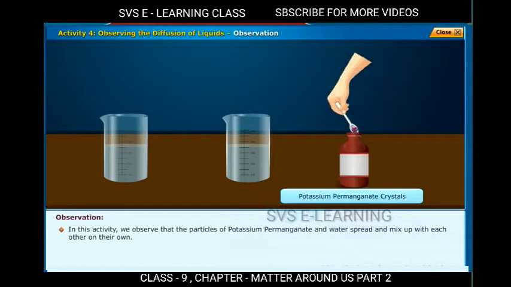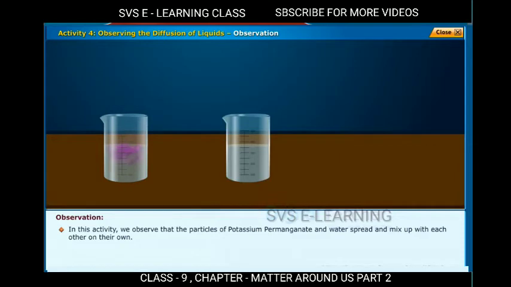In this activity, we observe that the particles of potassium permanganate and water spread and mix up with each other on their own.